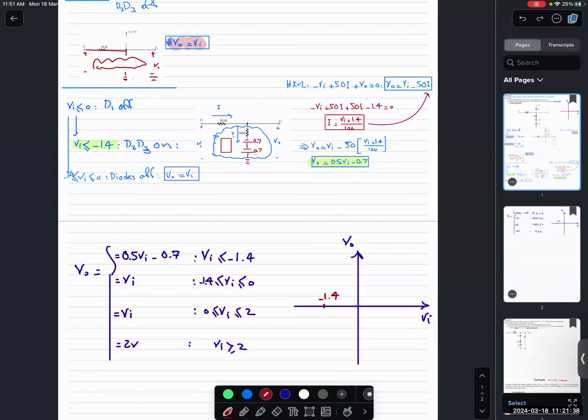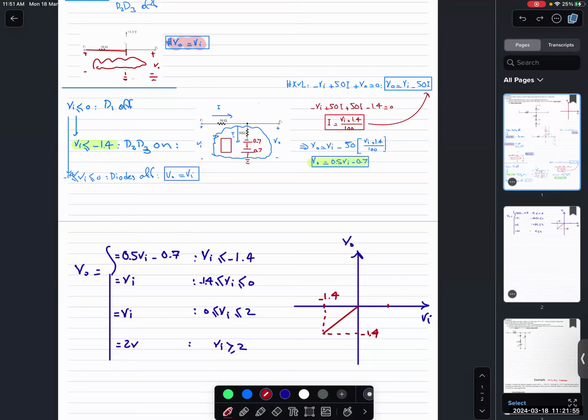Okay, and then if you are between minus 1.4 and 0, it becomes this way. Linear, like y equal to x, y equal to x, you will sketch it this way. Then from 0 to 2, the same thing. Okay, let's say here is 2. Then it becomes like this.